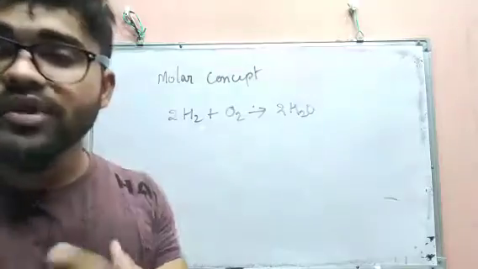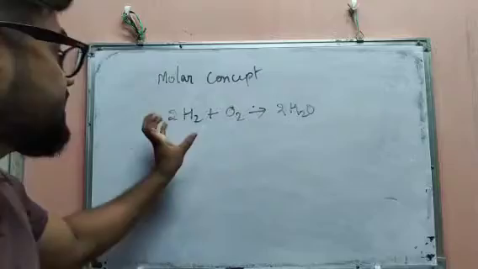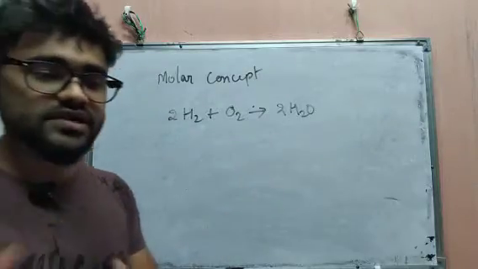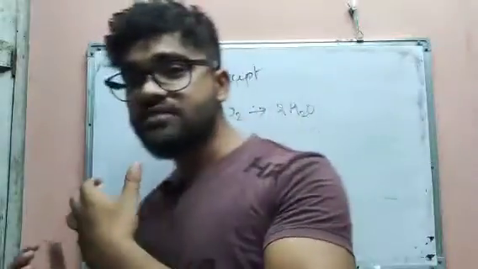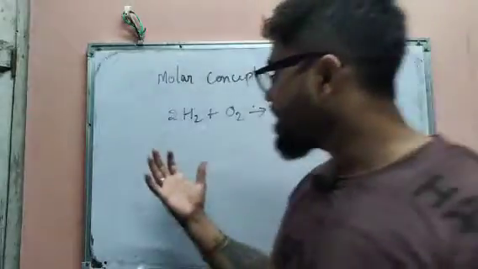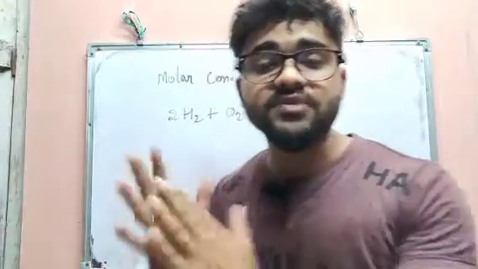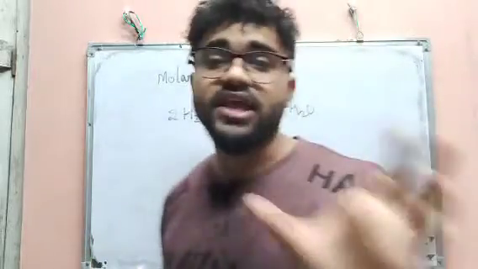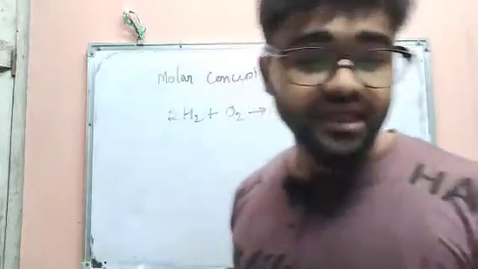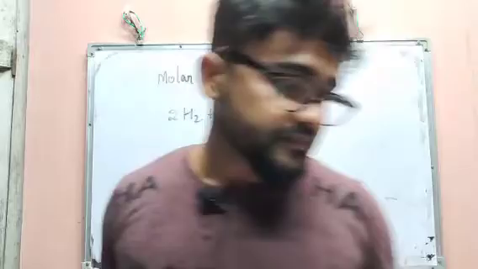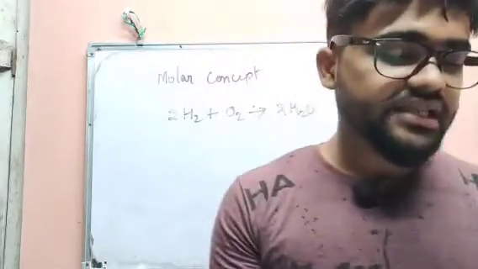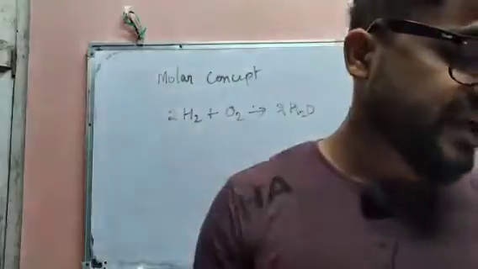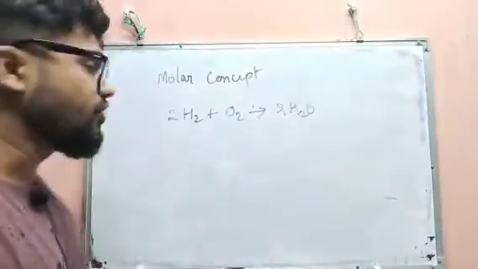But we are calculating them in terms of mass, which is not very appropriate, because there are a number of atoms and molecules reacting here and we are calculating in terms of atomic mass, which is not very accurate. So to overcome that, there is a new unit, and that unit is known as mole.